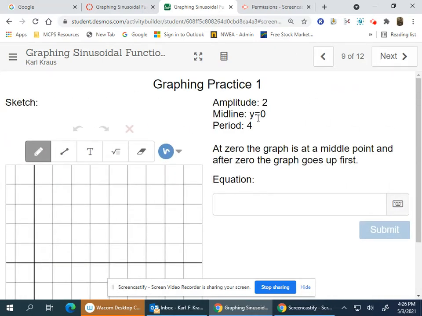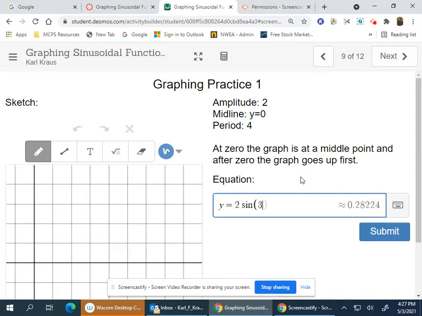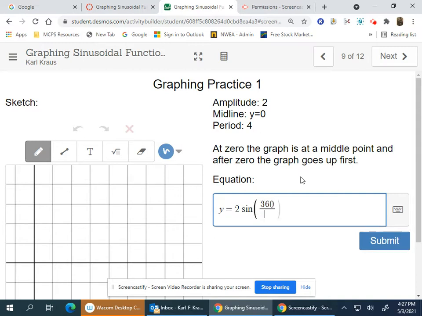All right, so here they give the amplitude, the midline, the period, and by this description, at 0 the graph's at the middle point, and after 0, the graph goes up first. So that's describing the sine curve. So we've got y equals sine of 360 divided by 4 times x, and midline 0.